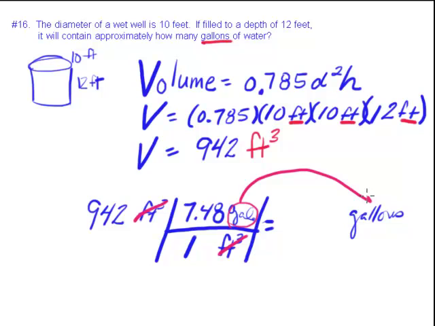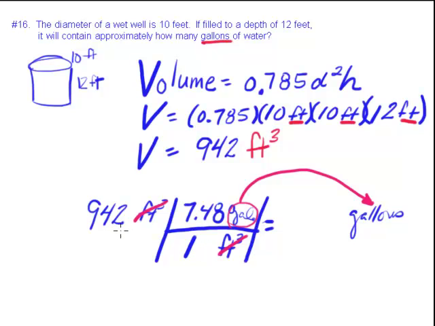The gallon measurement is actually going to slide down here and become part of my answer. Everything that's above the line gets multiplied. Everything that's below the line gets divided. Now in this case we only have a 1 on the bottom, and so that's not really going to do anything because any number divided by itself is going to be the same number.